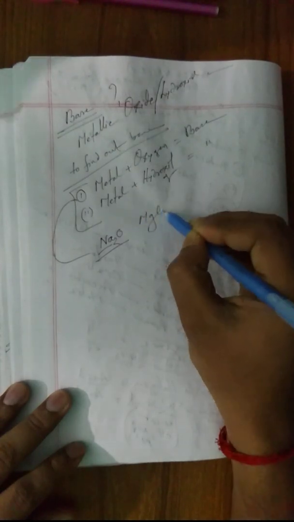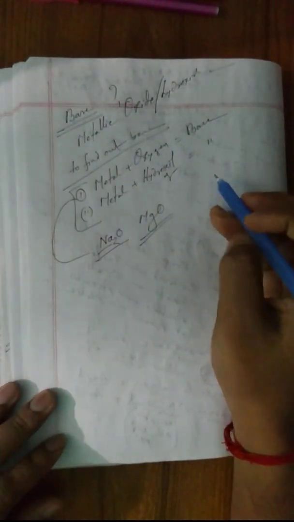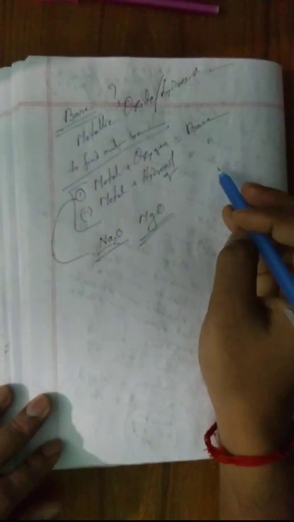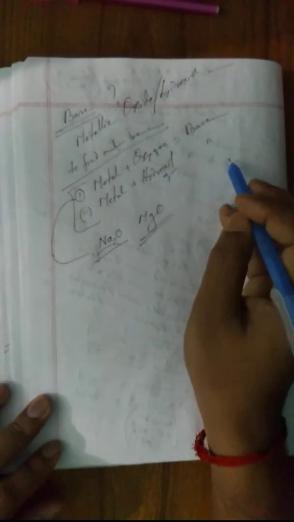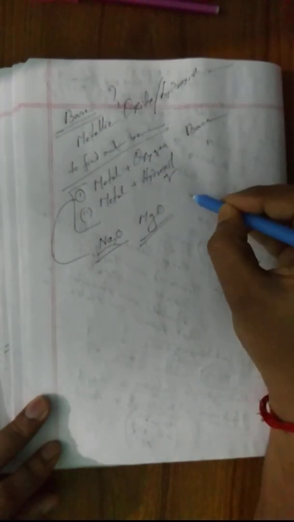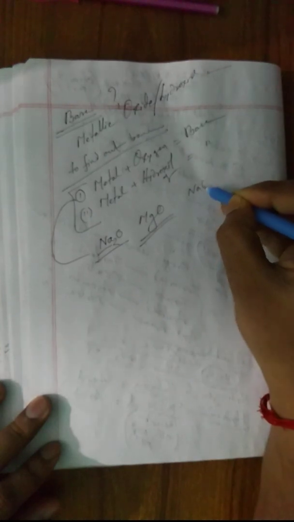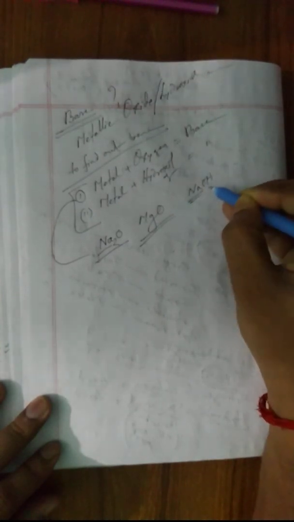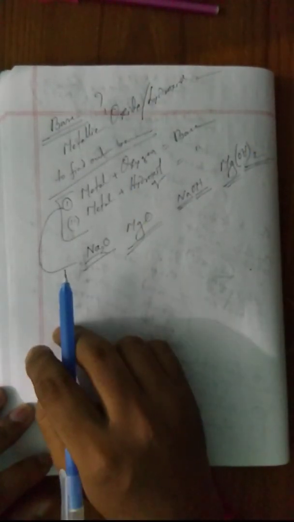Similarly MgO is also base. Now metal plus hydroxyl, suppose NaOH, this is metal and this is hydroxyl. Similarly Mg(OH)2, this is metal, this is hydroxyl. So it is very easy to find out a base if we know these two rules.